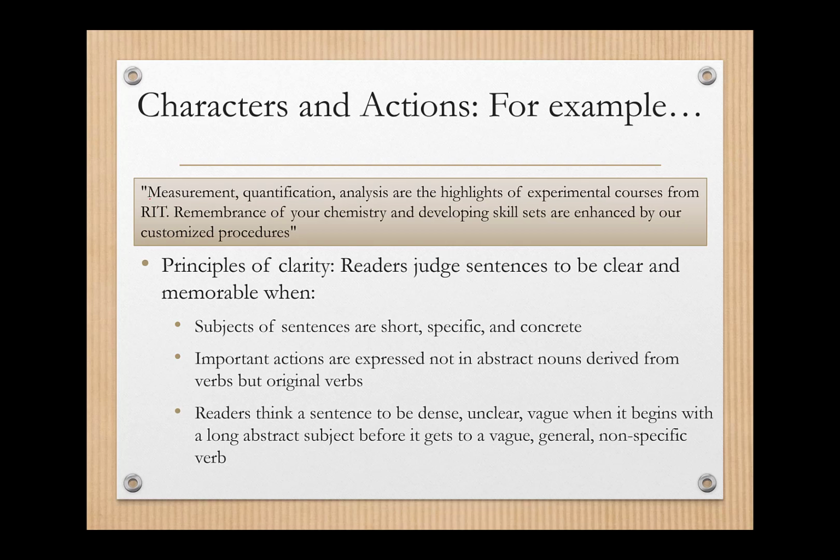So what we might say is, if we look at this statement, measurement, quantification, and analysis, these are all nouns. We're not saying we measure at RIT. We're not saying we quantify or we analyze. We're instead putting these verbs into these nouns, and that makes it hard for a reader to understand.